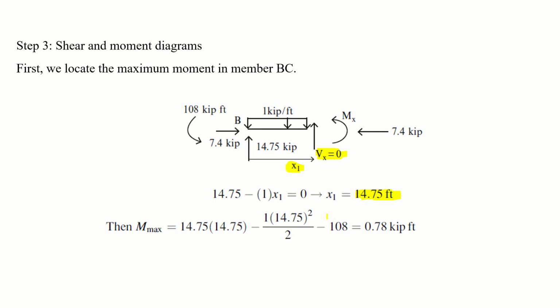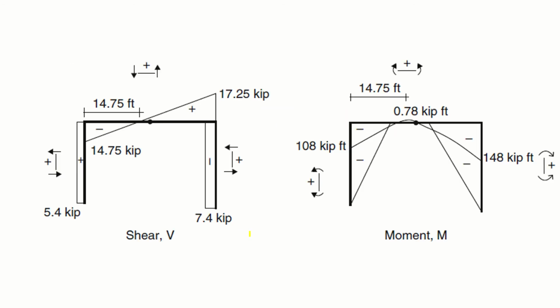And how much will be the value of that maximum bending moment? That will be equal to 0.78 kip-feet. I'm not repeating these things because we already solved them many times in the previous video as well. So this is your final shear force diagram. For example, in this member it was 5.4 kip shear force, in this member it was 7.4 kip, and in the member BC, it was a beam with a UDL applied on it.